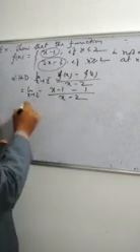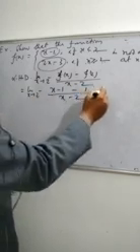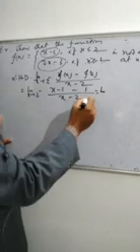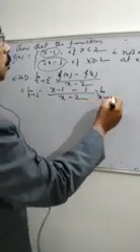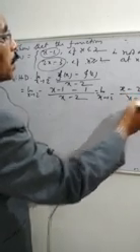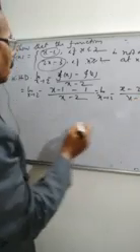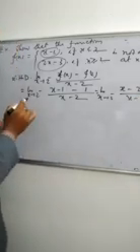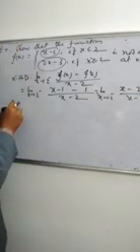You can rewrite it also as limit x tends to 2 minus of x minus 2 by x minus 2, then the value will be 1. That is the LHD. Now the RHD case we will consider here.